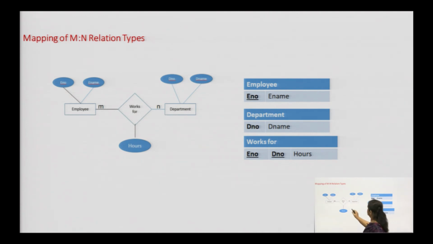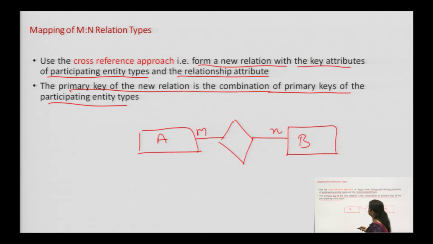So, let us have a look here. This is a m:n relationship type. Employee can work for any number of departments, and a department can have any number of employees. Hours we have as the attribute of the relationship type, right. So, what did we say in the cross reference approach?